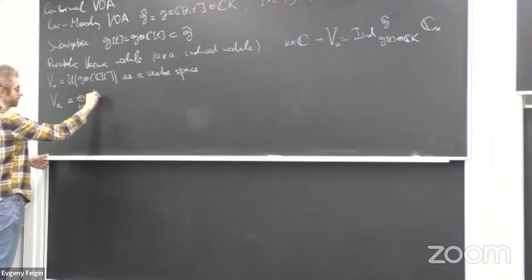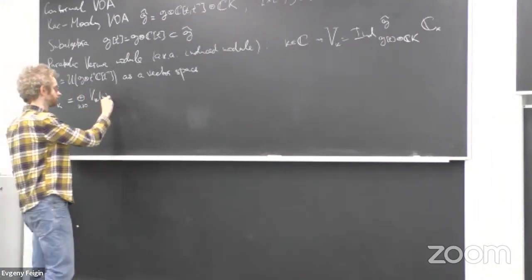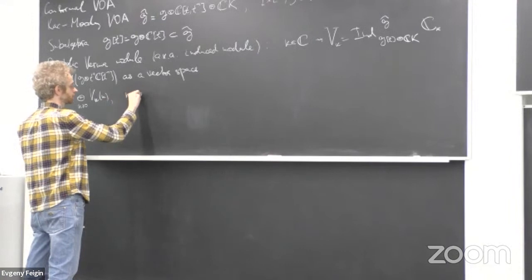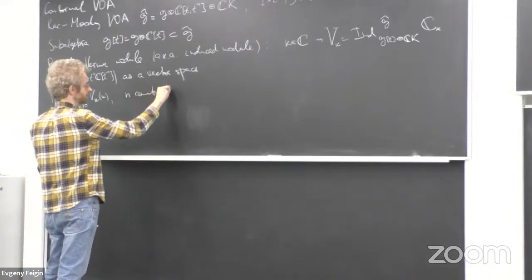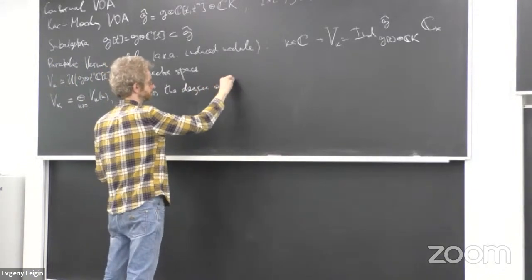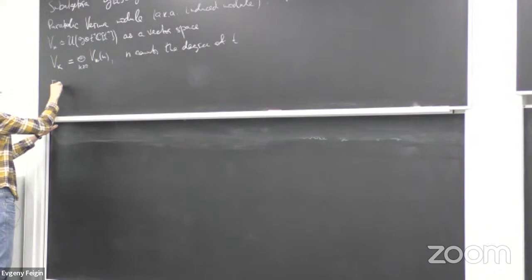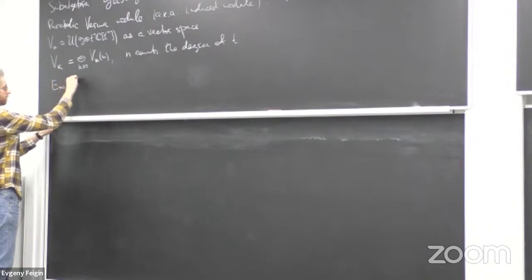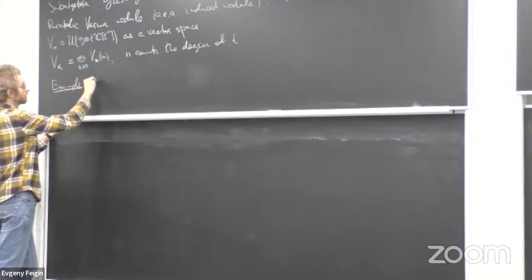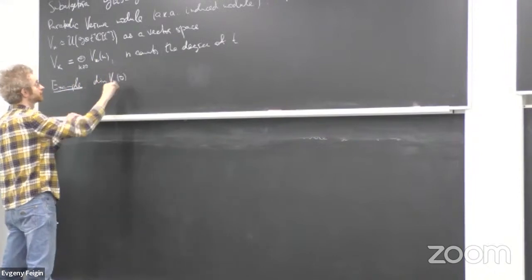So Vk(n), where n counts the degree of t. So for example, what is the dimension of Vk(0)?